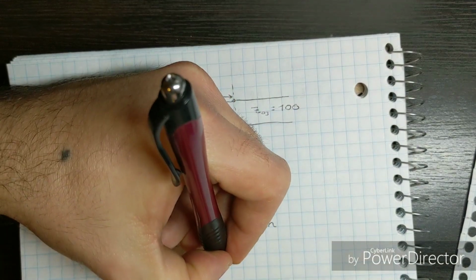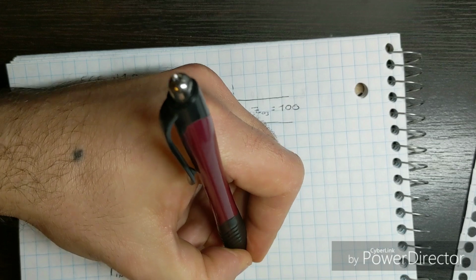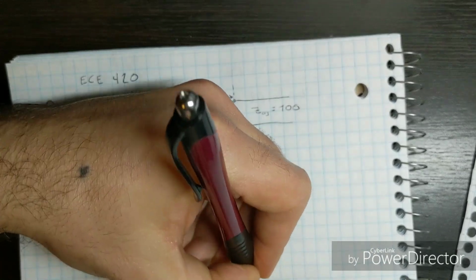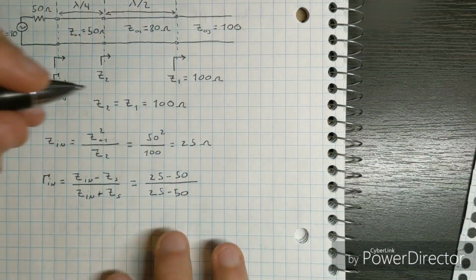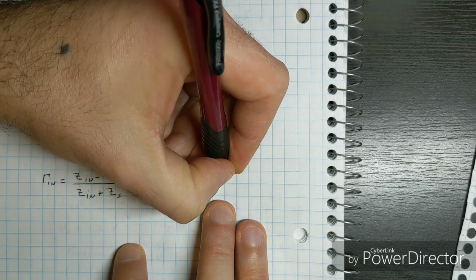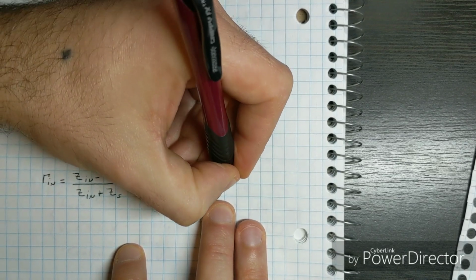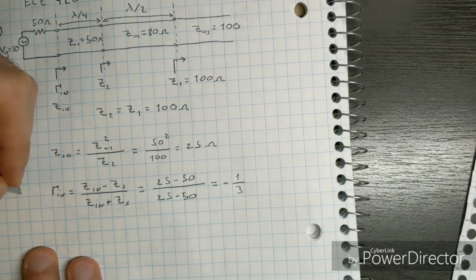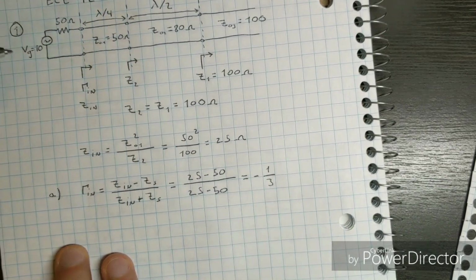So we can plug in the values. It's going to be 25 minus 50 over 25 plus 50. All right. When we calculate this, we're going to have a reflection coefficient of minus 1/3. That's part A of this problem.